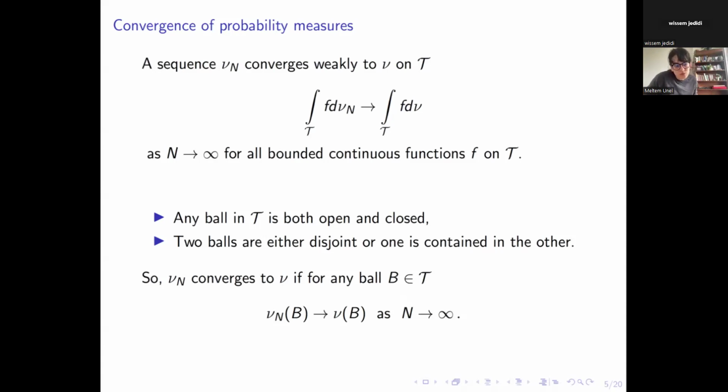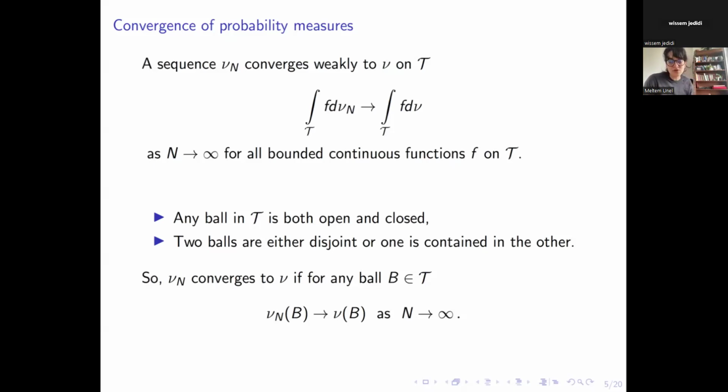And then I can also try to do some probability with these objects. I take a sequence of probability measures that I call nu n on the set of objects of size n. I can take the uniform probability measure on the set of trees T of size n, and then I can try to understand if the sequence of measures converges weakly towards a measure that I call nu, which is supported on the set of infinite trees necessarily, as n tends to infinity.